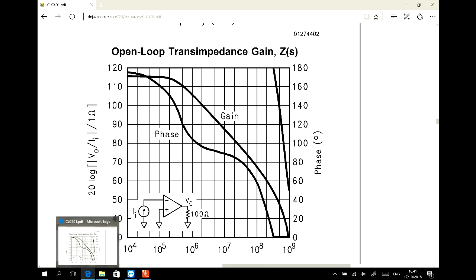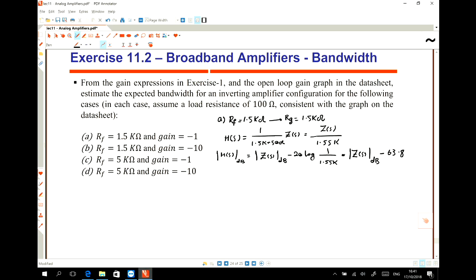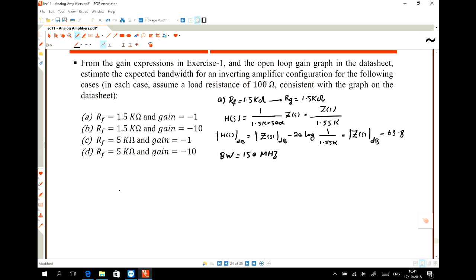So I can say that the bandwidth in this case is around 150 megahertz, with this value of the gain.